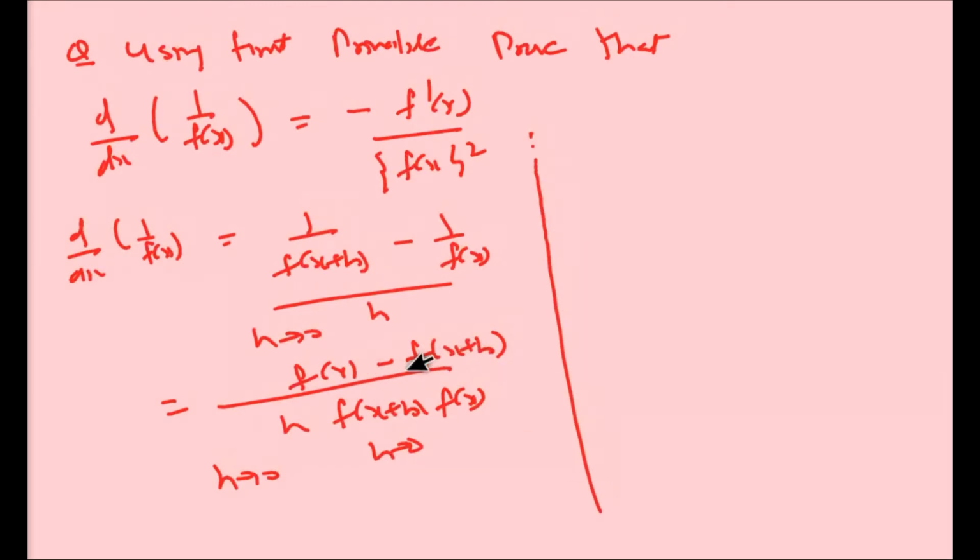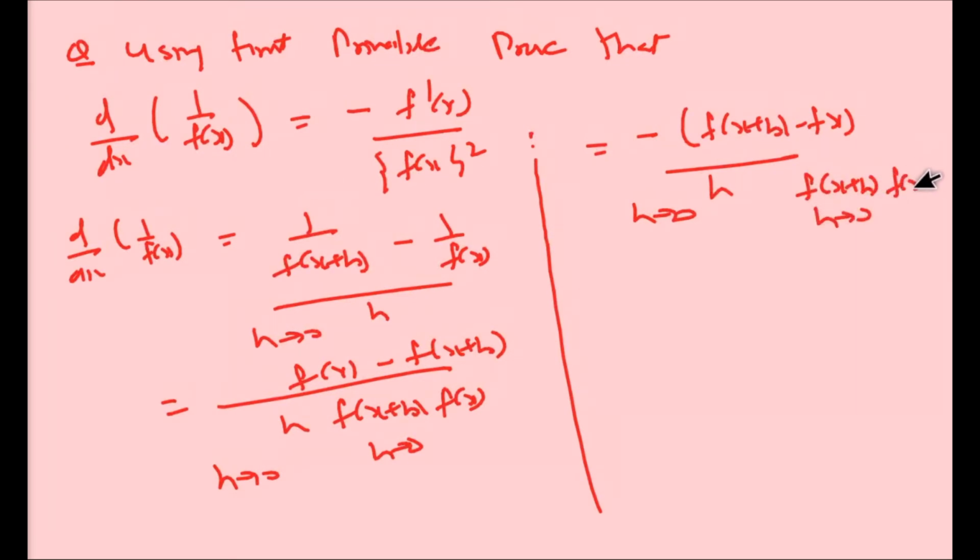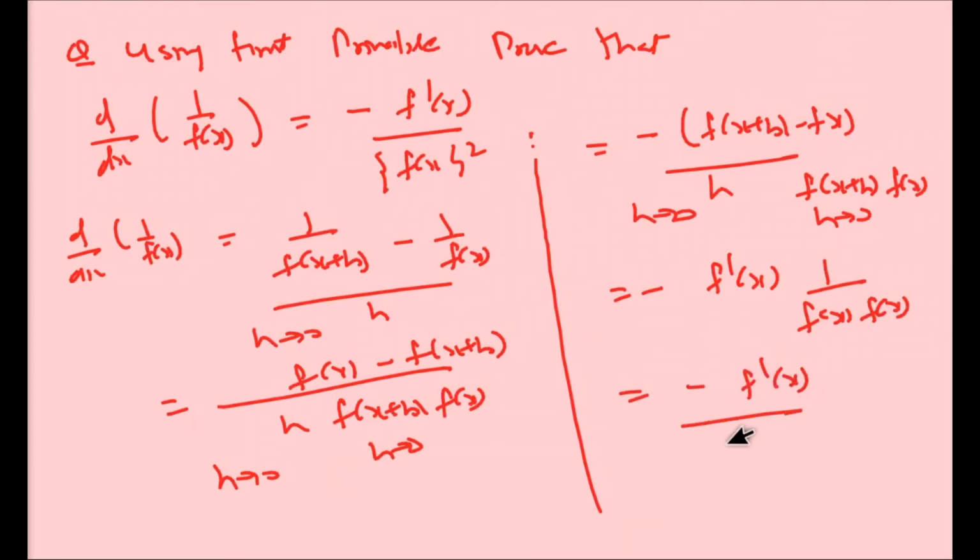Now taking the minus common and taking h here, we can write minus f(x plus h) minus f(x) upon h, h tends towards 0, and taking limit, f(x plus h) goes to f(x). So this is f dash x, which means the differential of f(x), and here f(x) into f(x). So the proof is minus f dash x upon f(x) whole square. Hence proved.